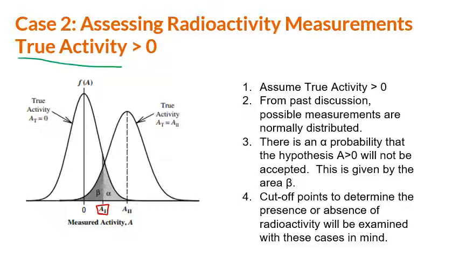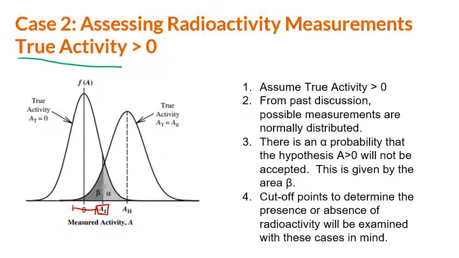Okay, and in this region, sinasabi natin that there is no significant activity yet based on the previous slide, so sa discussion natin na iyon. So dito sa case na ito, ang assessment natin is sabihin na walang activity, but in fact, merong activity. So there's some form of error here.